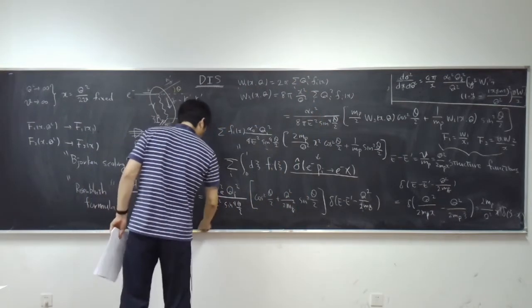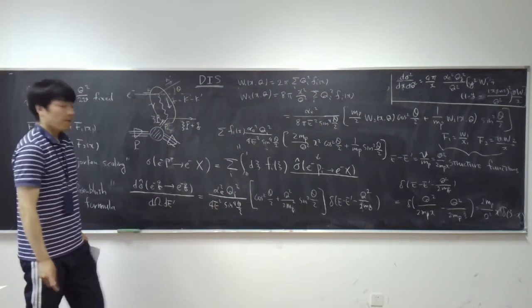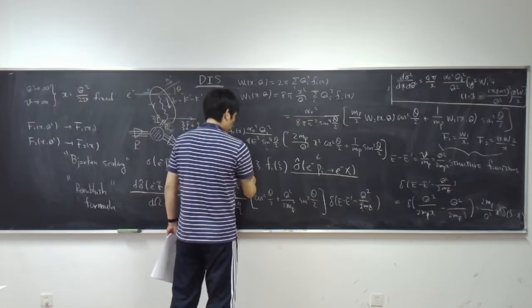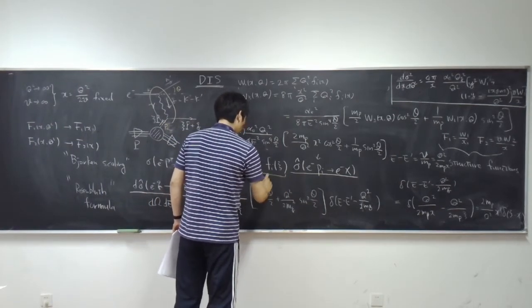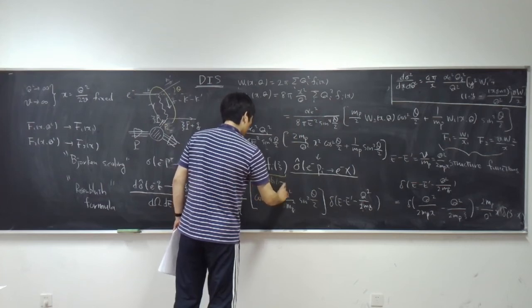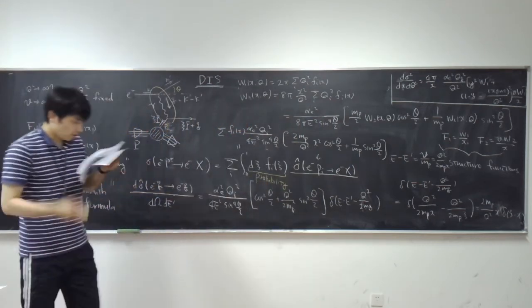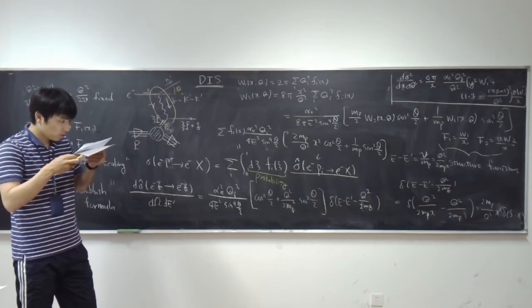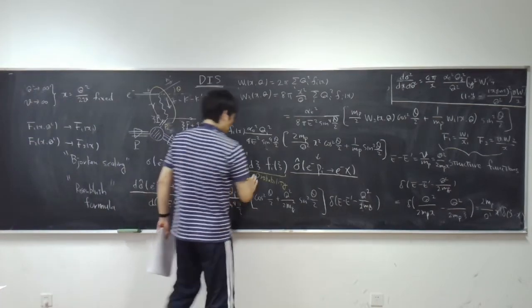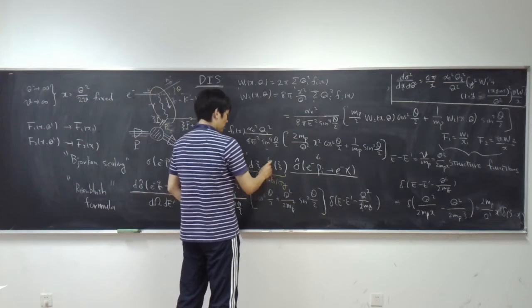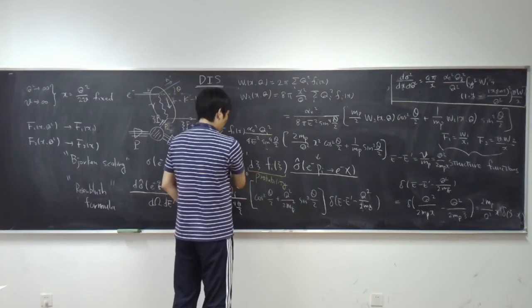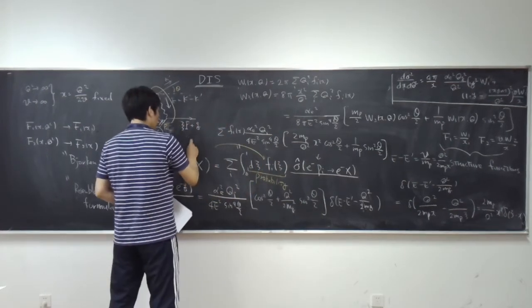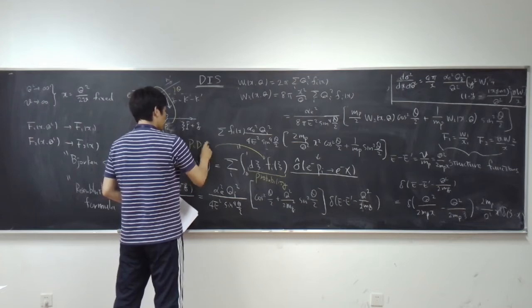As you can easily see, f_i is a probability. It's called the parton, sorry. So this f_i is called the parton distribution function.